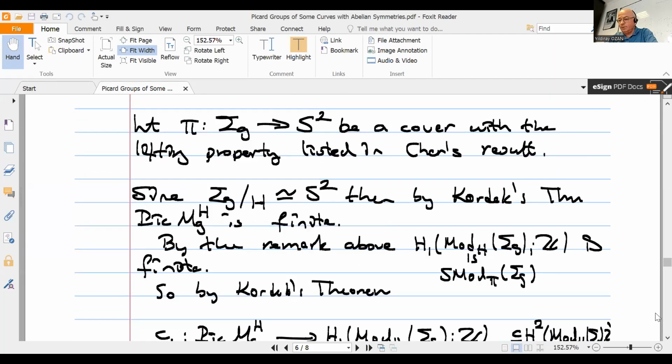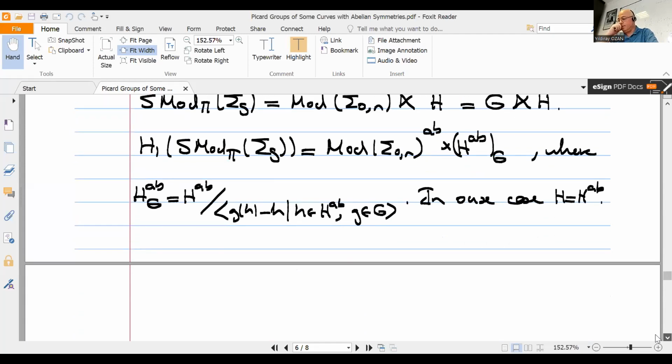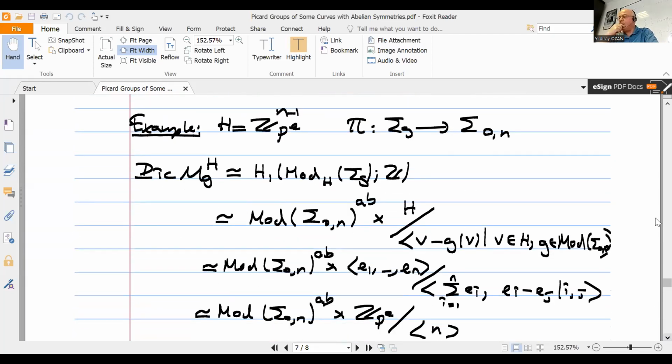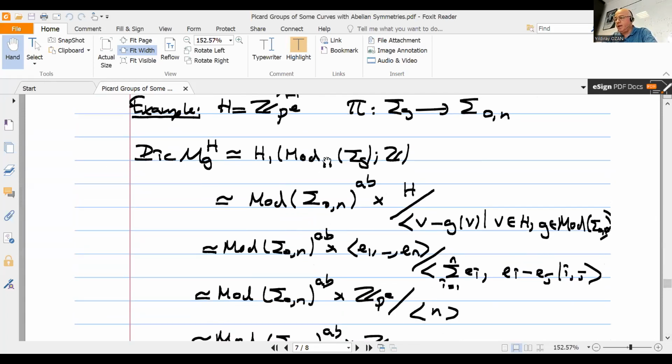Okay, yes, so this is the characteristic cover. In this case, H is this group. Of course, it is abelian, so its abelianization is itself. And then here we have the mapping class group. We look at its abelianization and then divide H by this subgroup.